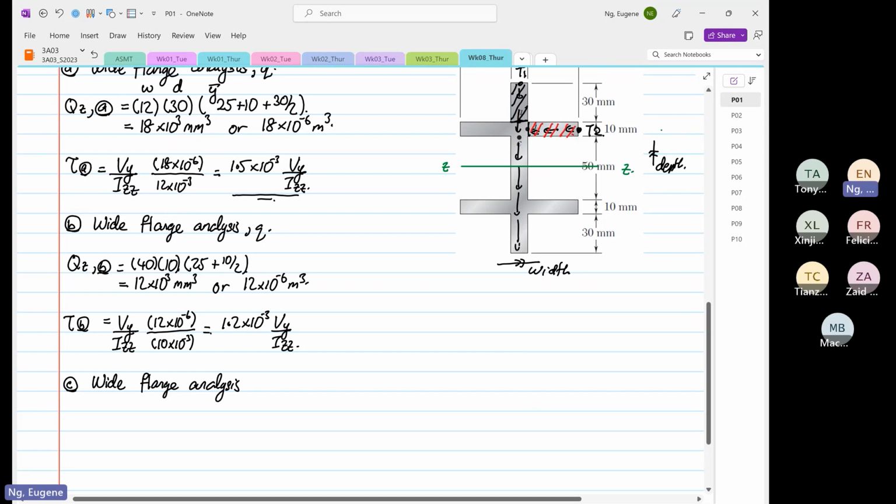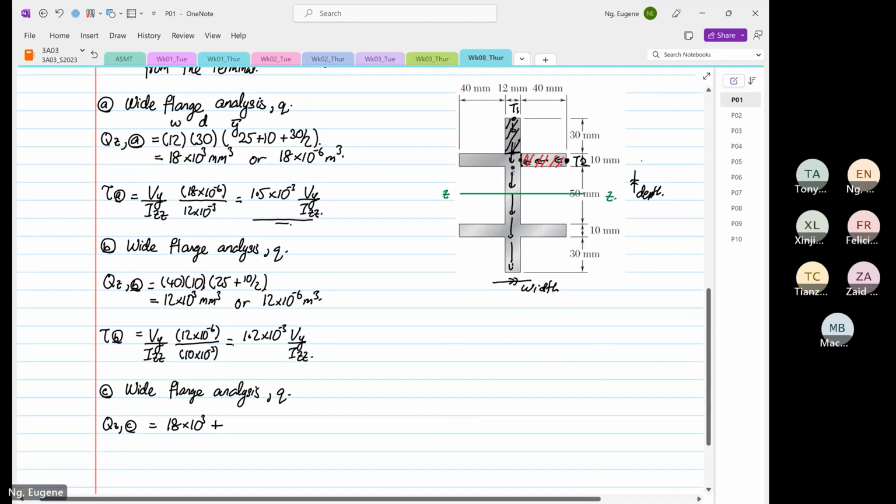If it's box beam, it's usually one terminal only. Okay. So this is our Q. Then from here, I'm going to take Qz at point C. I'm going to use the Qz at A, okay, which is 18 times 10 to the power 3 plus the width now, right?